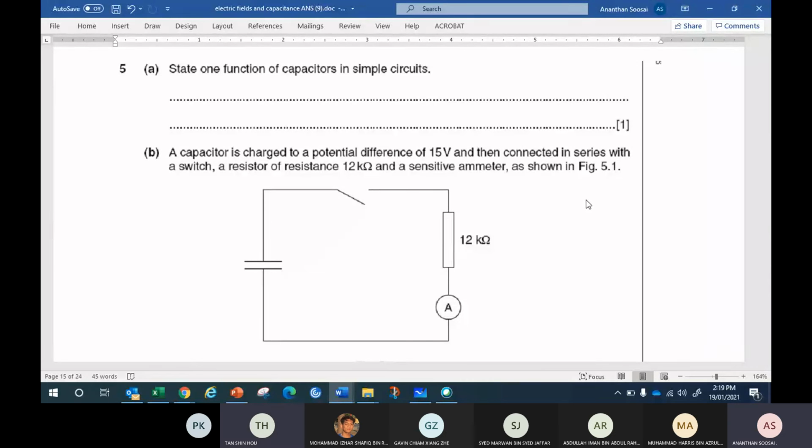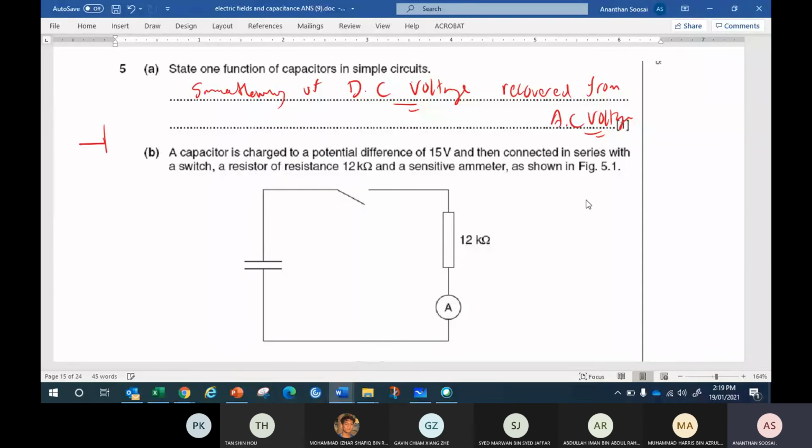Smoothing of what? Smoothing of DC voltage recovered from AC voltage. Okay, we can use capacitor.